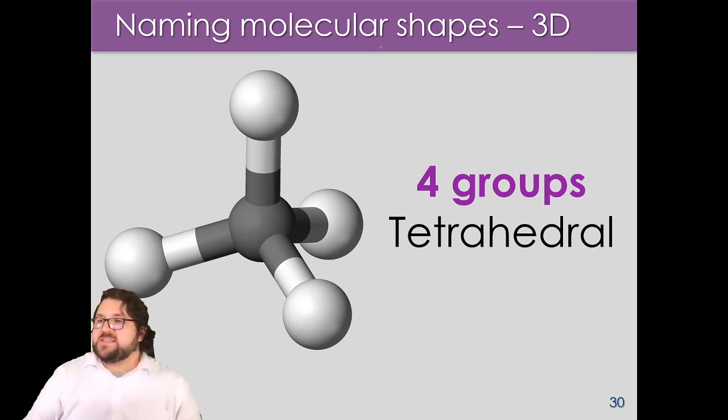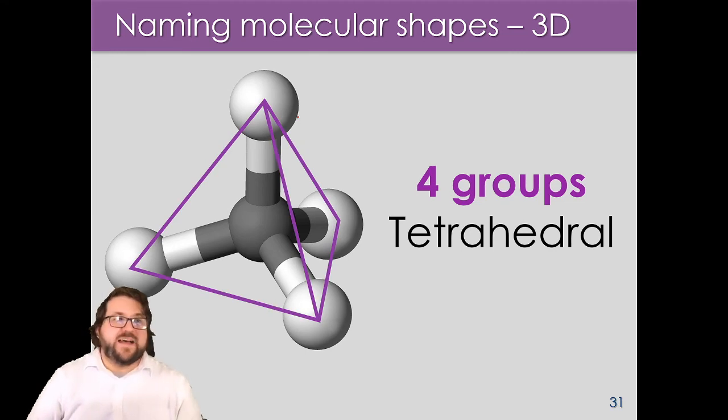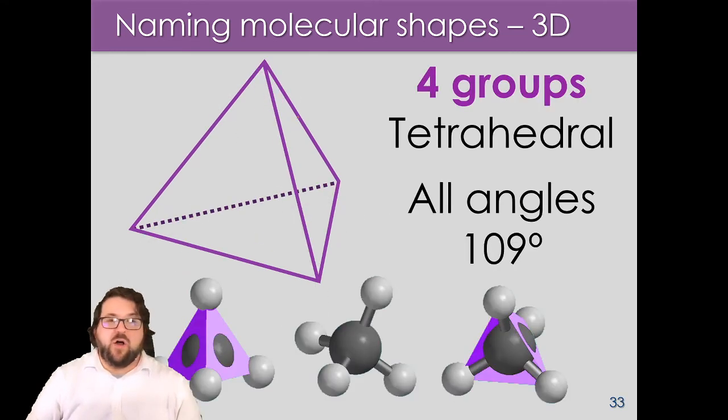The problem is that sometimes this group is not an atom, it's a lone pair of electrons. And in that case, it changes the name of the shape. So while that's a tetrahedron and all of the angles are 109, if we took off one of these atoms, so if that one wasn't there anymore, what shape would we have then? Let's have a quick think about that.